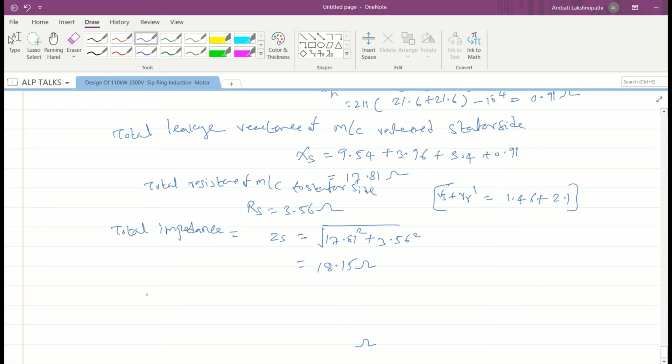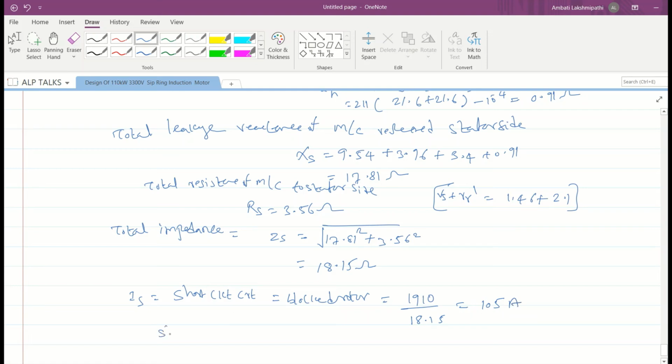So let's calculate the short circuit current Isc, otherwise called blocked rotor. We know 1910 is the voltage and the impedance is 18.15. With this we got the value as 105 ampere.